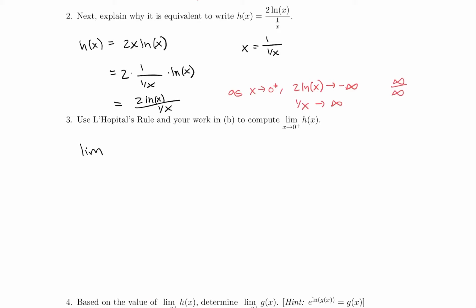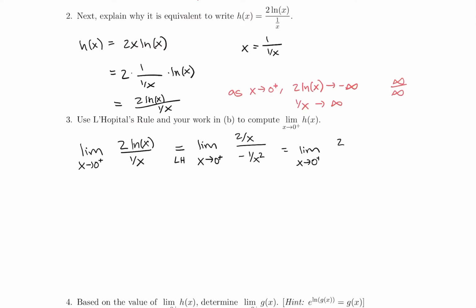So the limit as x approaches 0 from the right of h of x, which is 2 log x over 1 over x, because we've already determined that it looks like infinity over infinity, we'll keep the limit. We haven't taken the limit yet. We'll take the derivative of the numerator. We'll take the derivative of the denominator. Now, we can see that this is going to simplify quite a bit.